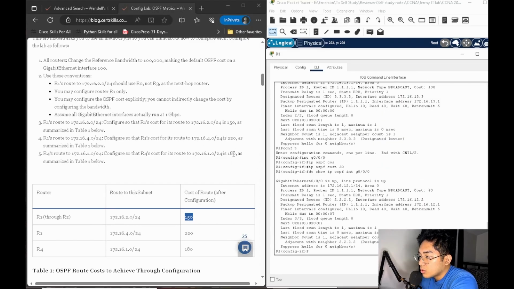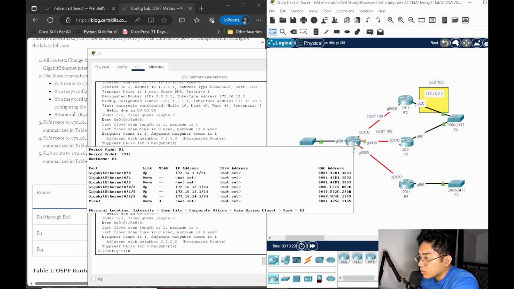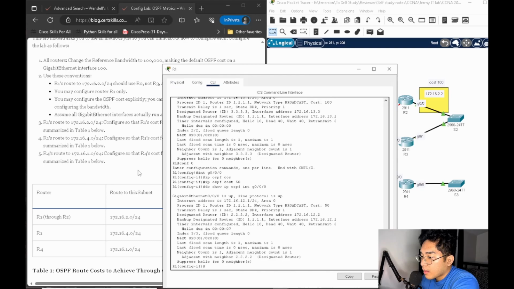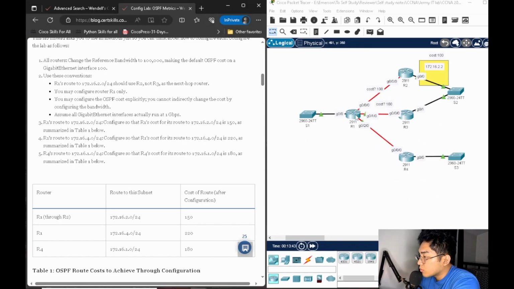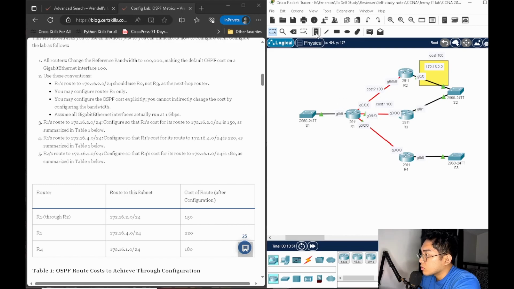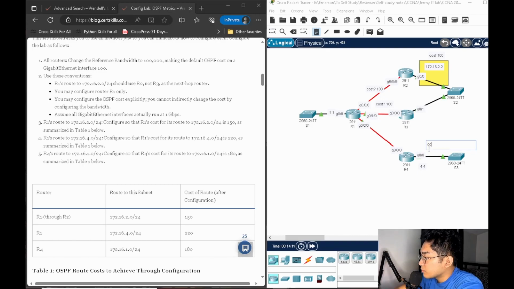Now we're going to do this one, 172.16.4.0. Same thing, here it is 100.